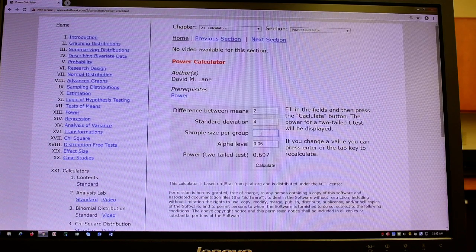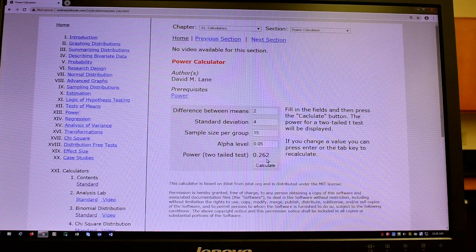Maybe 100 plants is too expensive. It's really expensive fertilizer, and we can only work with 15 plants in each group. Well, that drops the power considerably. Okay? All right, so this is all you need to know to work problems in the power section. So now try and do those problems. So that's chapter 13.